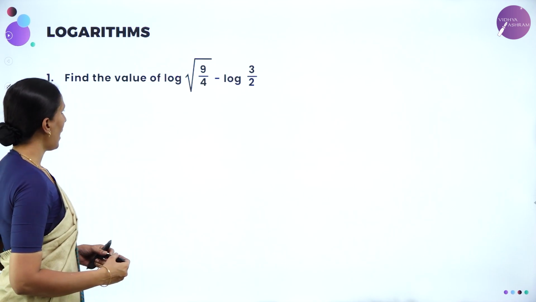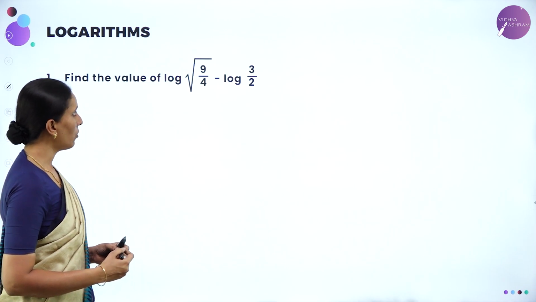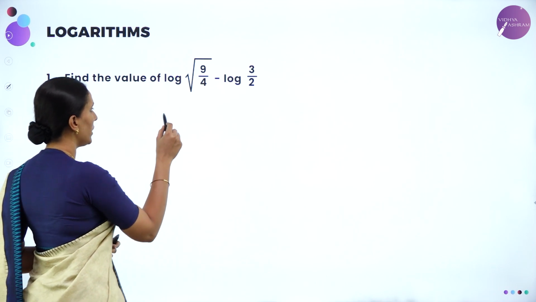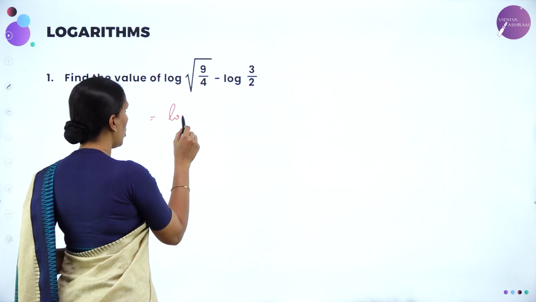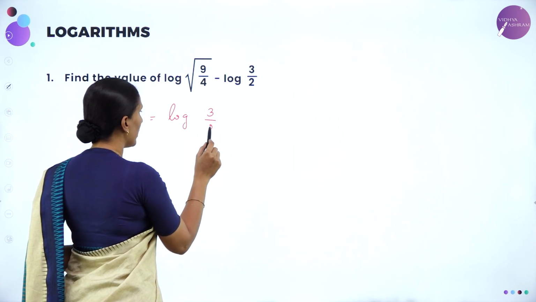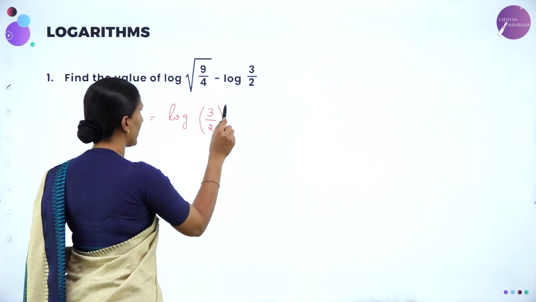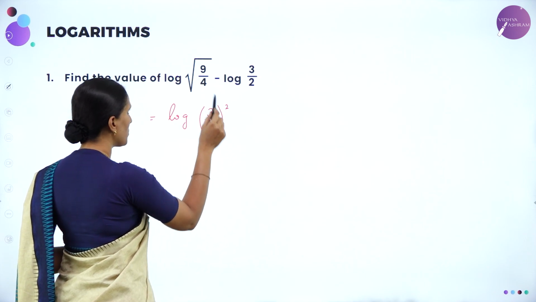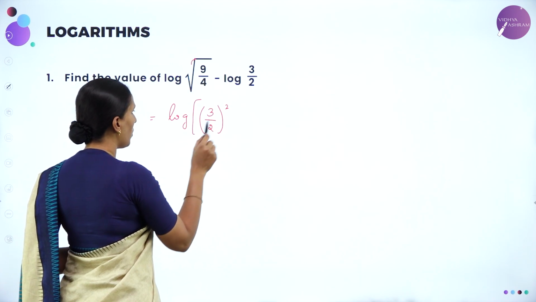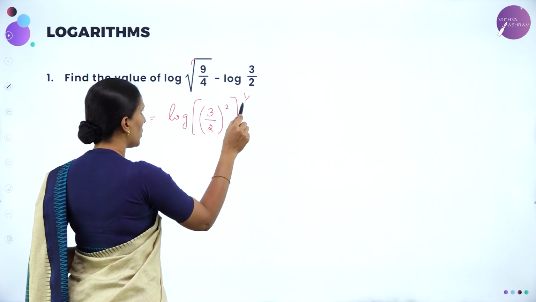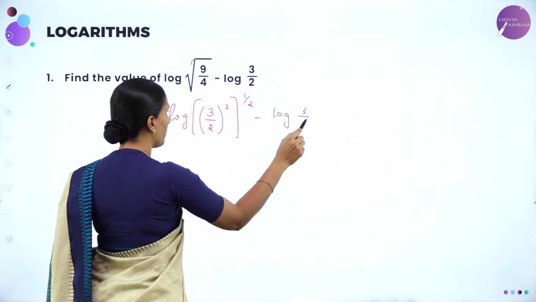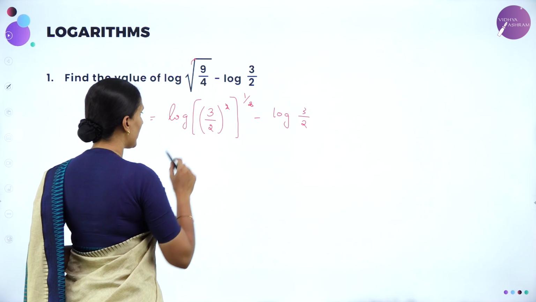Next. Find the value of log of square root of 9 by 4 minus log of 3 by 2. So here this can be written as log of 3 by 2 whole square, which is nothing but 9 by 4. We have a square root here. A square root can be written as 1 by 2 in the index form. So now this is half into 2 log 3 by 2, so the 2 gets cancelled.